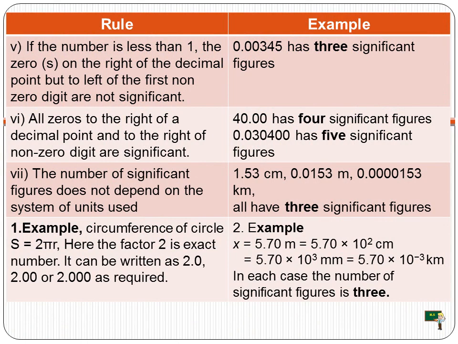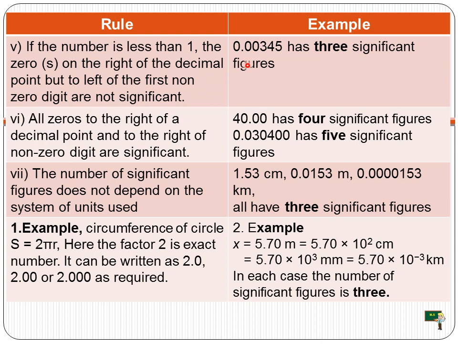Rule number 5, if the number is less than 1, the zeros on the right of the decimal point but to the left of the first non-zero digit are not significant.